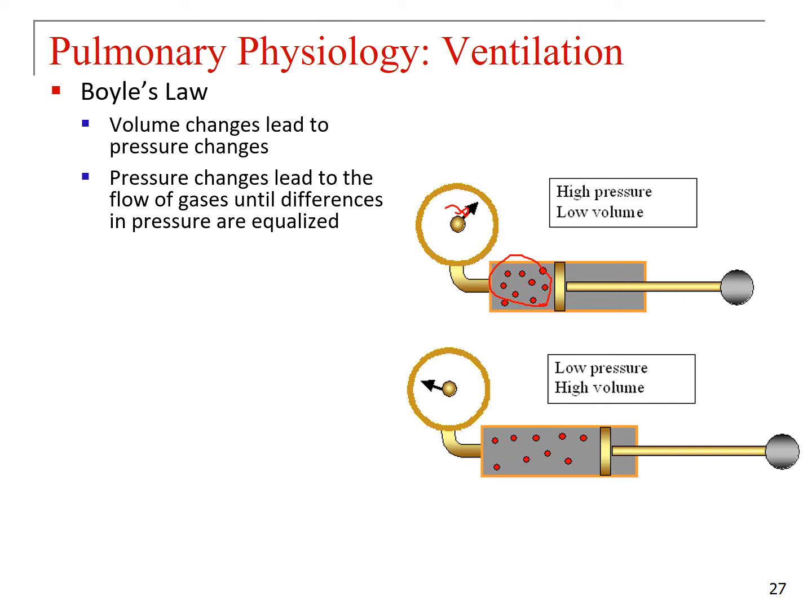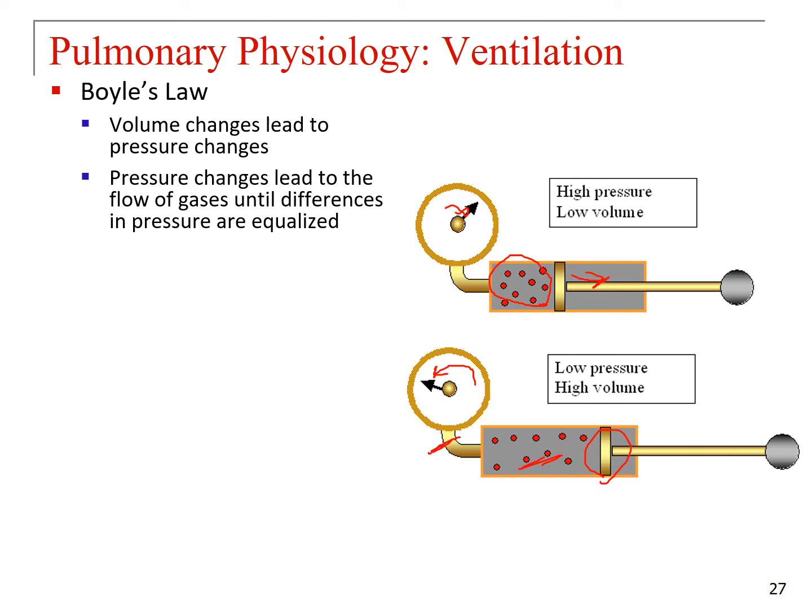Okay, now if from here you drag your plunger back out to here, then you're going to spread this volume out, and with this volume being spread out, you're going to see your pressure actually decrease. Now, one thing I want to tell you is that this is a closed system. Let's say that you were to chop this valve off and have an open tube.